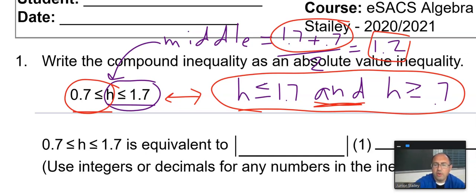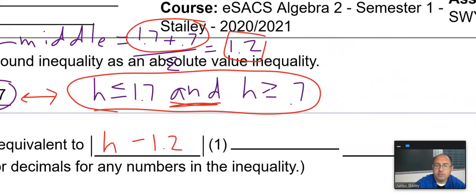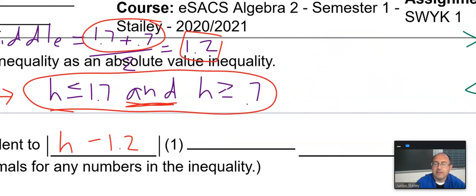Okay, so with that in mind, the part that goes in the absolute value bars, and they've already got the absolute value bars there for me, is h minus 1.2. Now, why am I subtracting? The reason I'm subtracting is because it's a distance, and absolute value is a distance. And we want it to be less than or equal to, what is the distance?